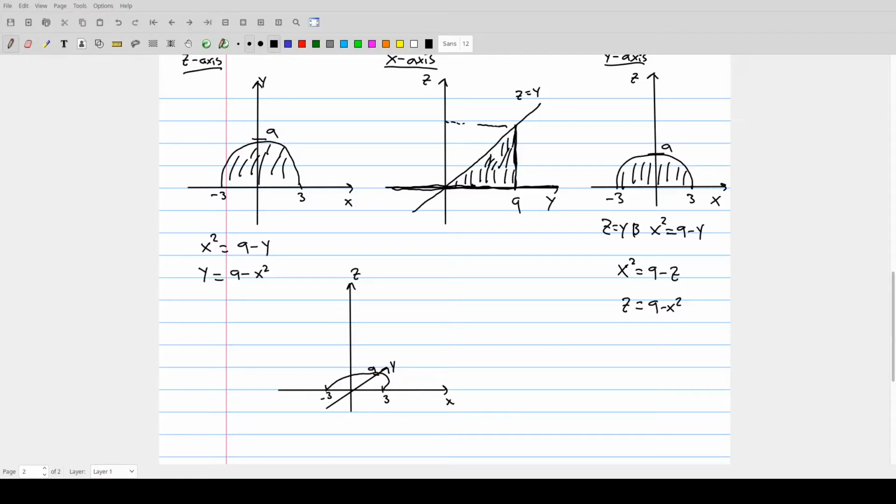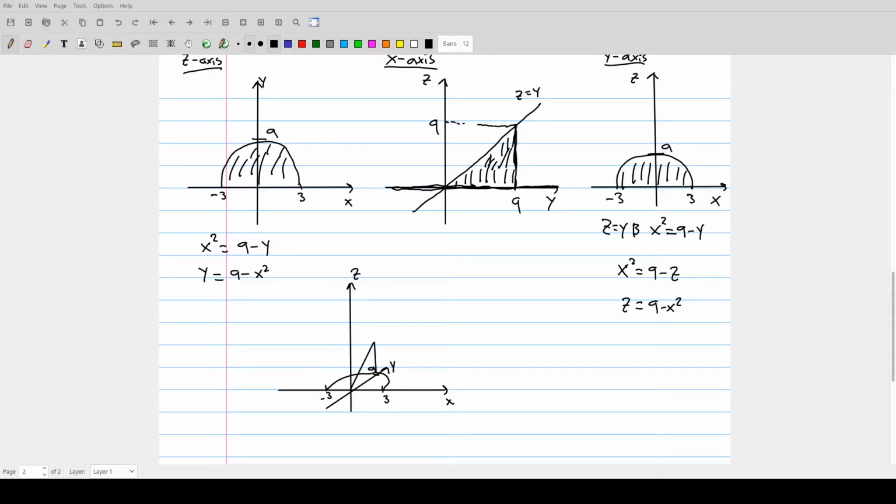We know that at y equals 9, z is also equal to 9 because of the equation z equals y. And so we get exactly this shape right here when we look at the cross section in the zy plane. And this last curve right here is the intersection of the surface z equals y and x squared equals 9 minus y, which looks like the following curve.